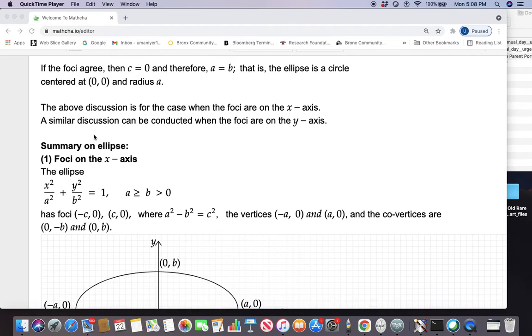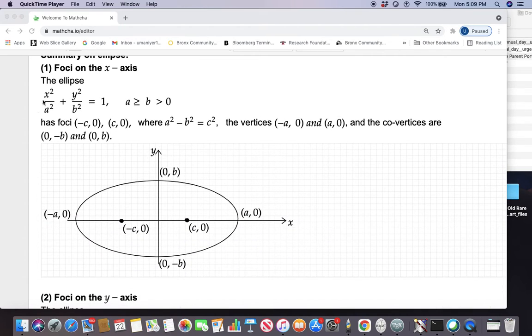All of this discussion holds true because your foci are on the x-axis. So, summary. First, if your foci are on the x-axis, then a to negative a is called the major axis. b to negative b is called the minor axis. a is greater than or equal to b.